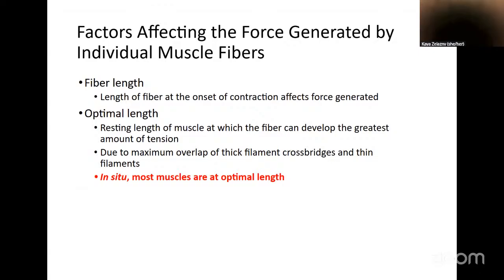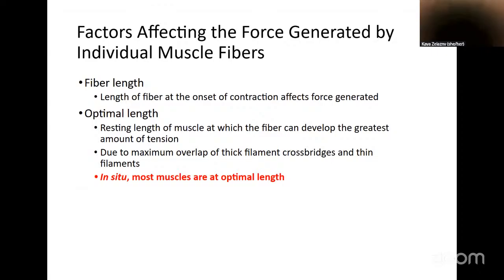So our muscle fibers and our sarcomeres actually have an optimal length, right? They have a perfect starting size where they're able to generate the most force. If we are either too stretched out or too bunched together, it becomes more difficult to generate force, and the maximum force that you can generate from that muscle is going to be a little less.